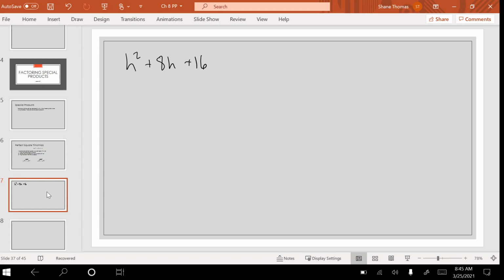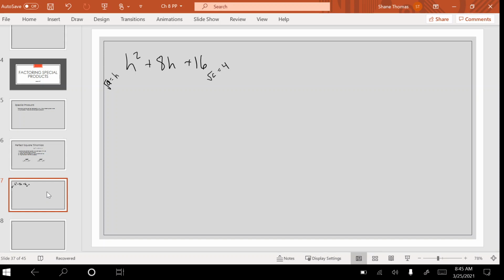Is 16 a perfect square? Yeah. What I like to do is come over to the side, and the square root of a is just h, and the square root of c is going to be 4. It's a perfect square.